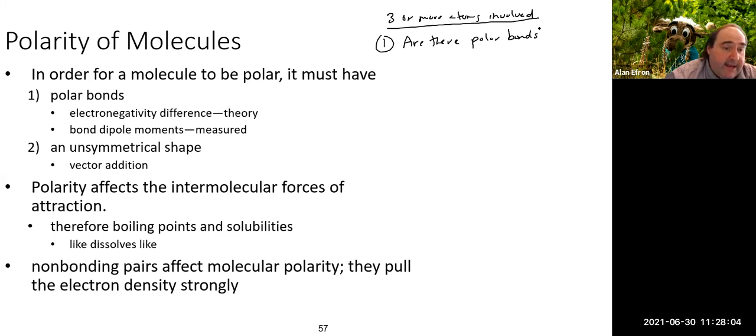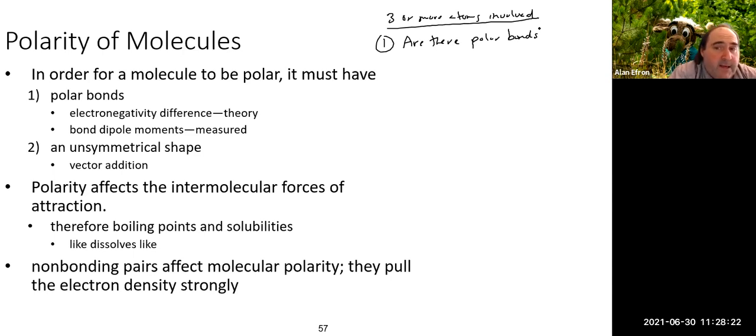And if the answer is no, there are no polar bonds, they're all nonpolar in the molecule, then you're pretty much done. The molecule is going to be nonpolar. So if you're able to identify that every single bond in that particular molecule is nonpolar, then obviously it would be nonpolar.